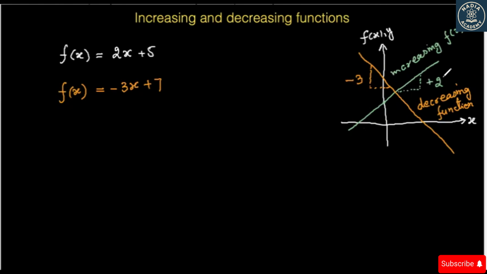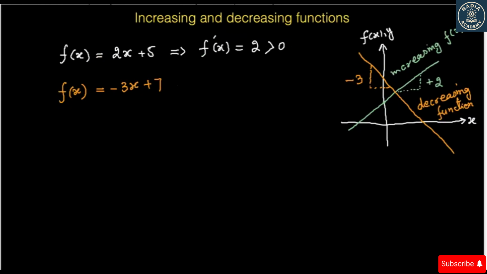This simple information we can also use with derivatives, because we know that derivatives are the gradients. For example, in our first function, the gradient, f prime of x, the derivative of 2x is 2, and it is greater than 0.